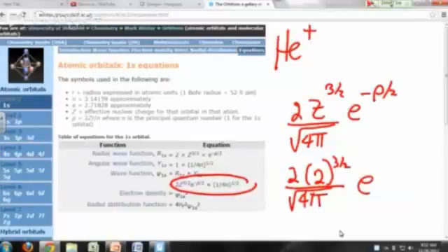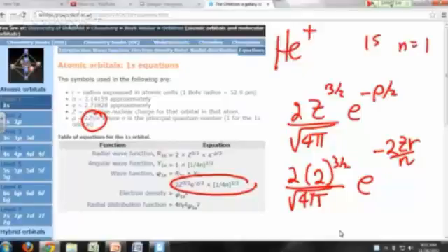Rho here is defined as 2Zr over n. Okay? So e to the negative 2Zr over n. Now n is 1 for the 1s orbital, right? So n is 1, and Z is 2.